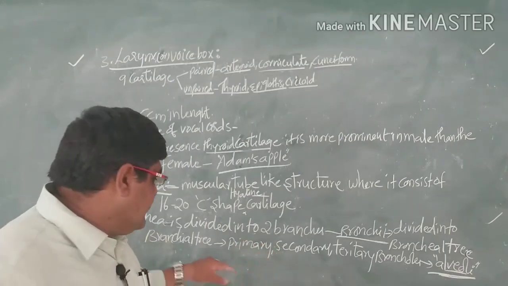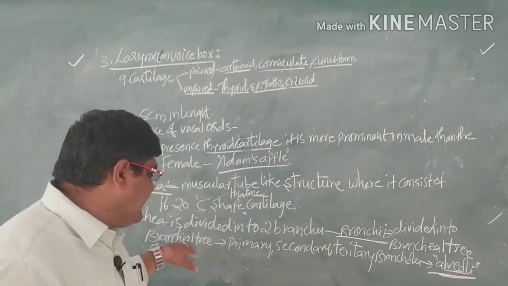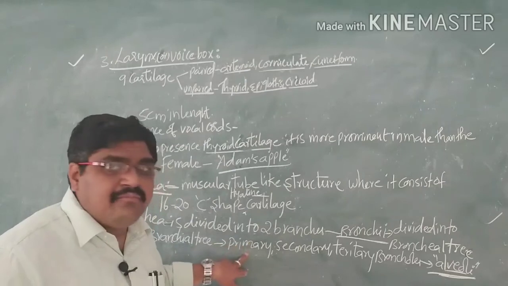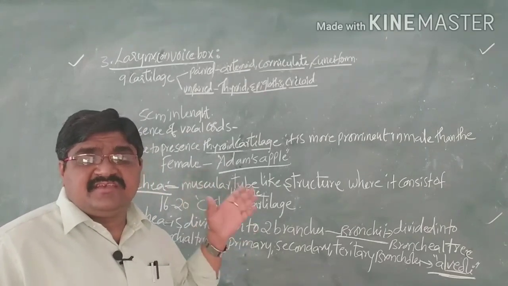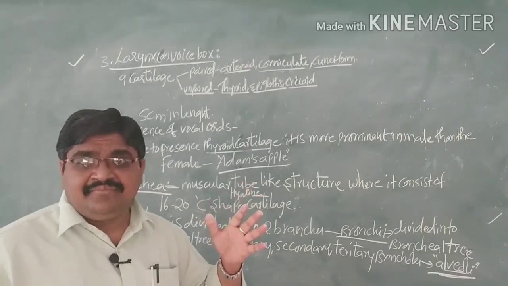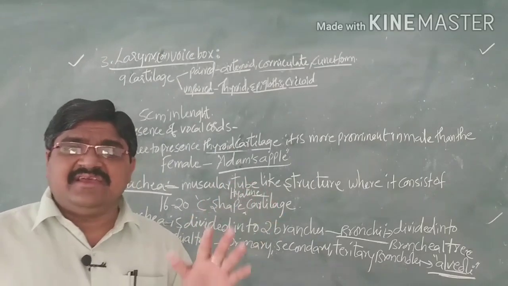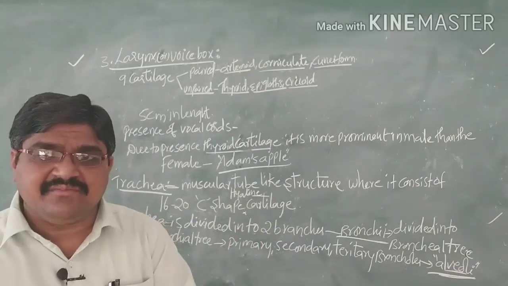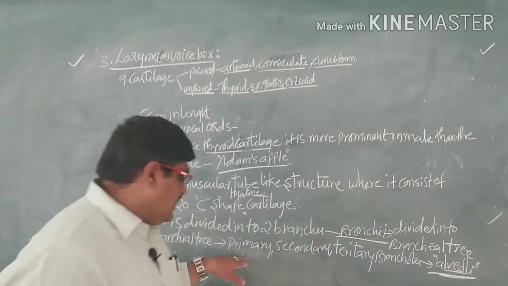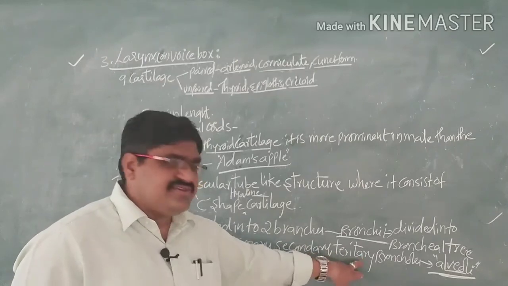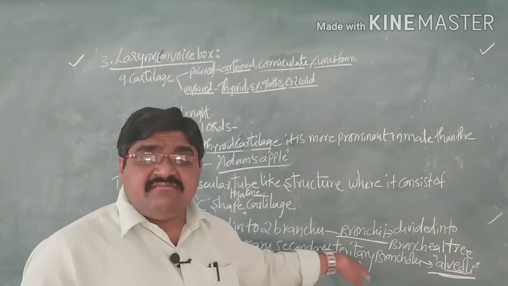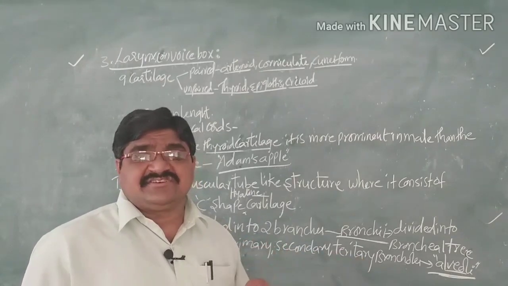The bronchial tree is divided into primary, secondary and tertiary branches, and from the tertiary branches balloon-like structures are present.